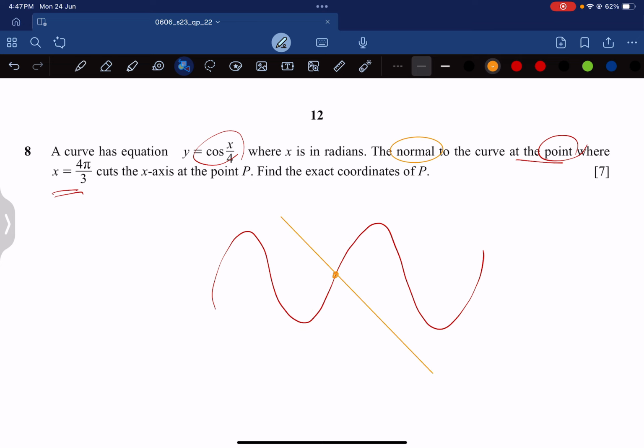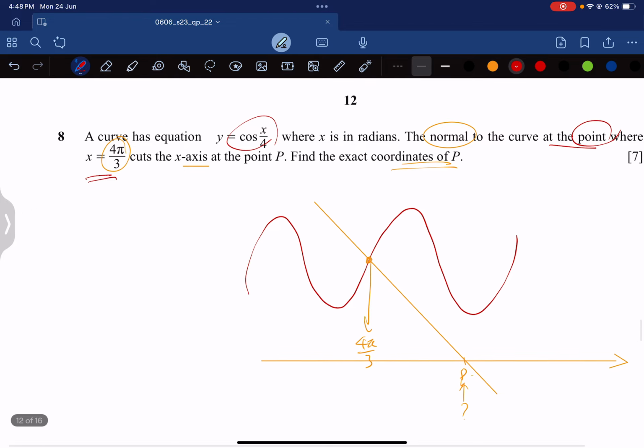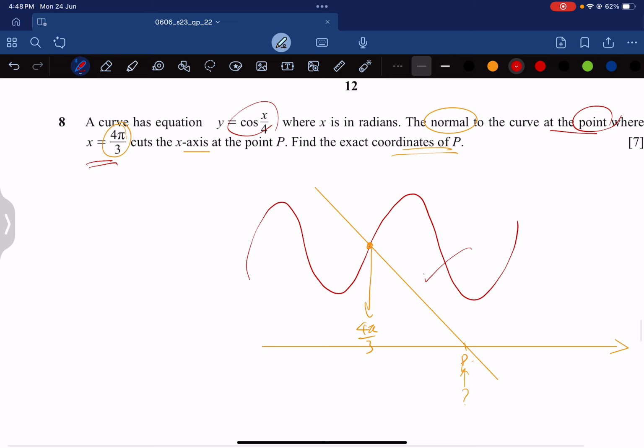The normal line at 4 pi over 3 cuts the x-axis at P. Find this. So first of all, you need to find the equation of this line, and then find the x-intercept of this line. Point P is the x-intercept.